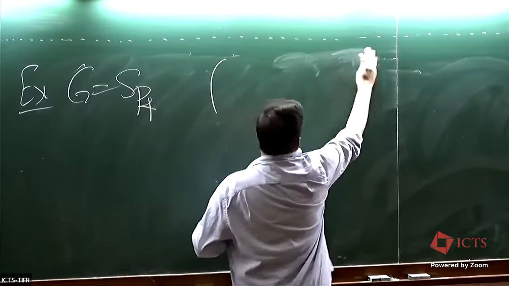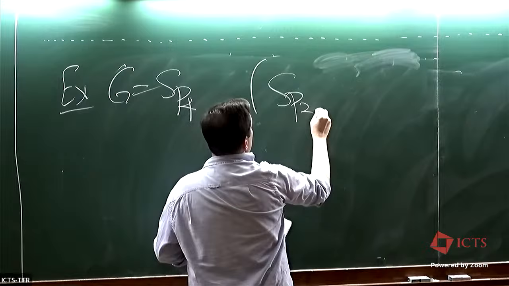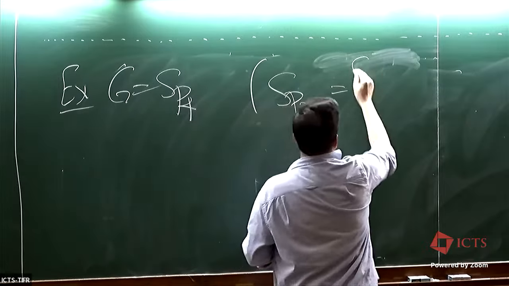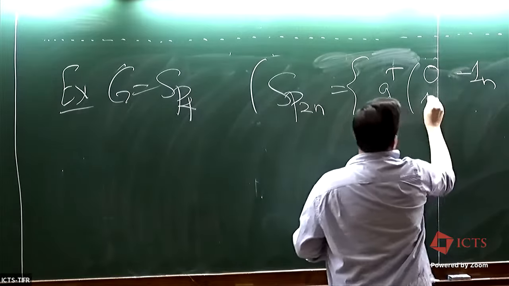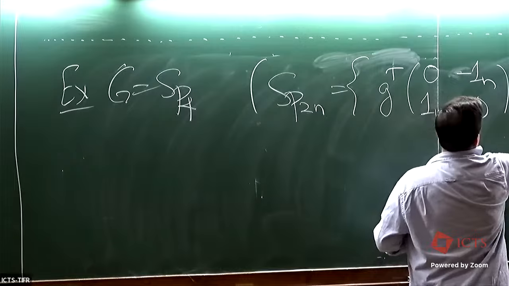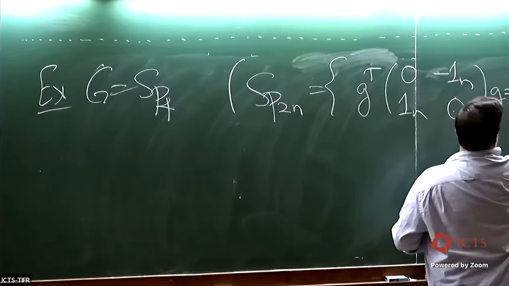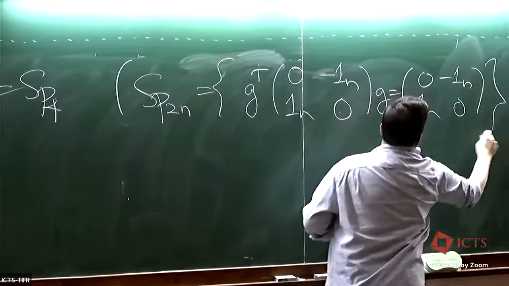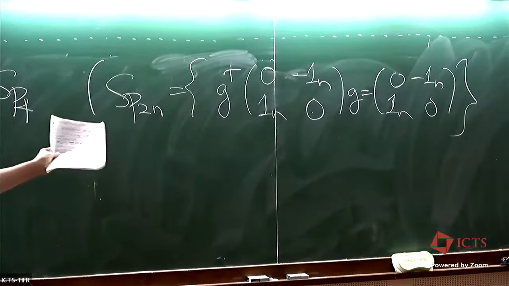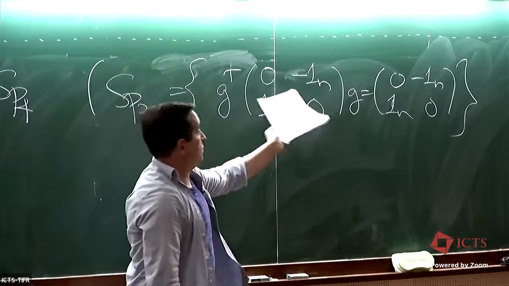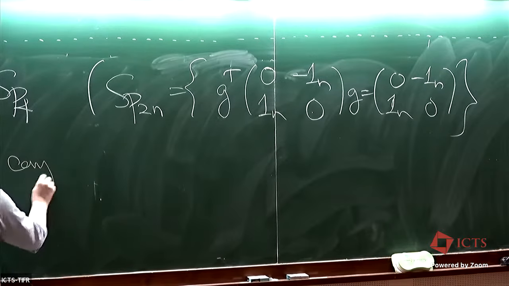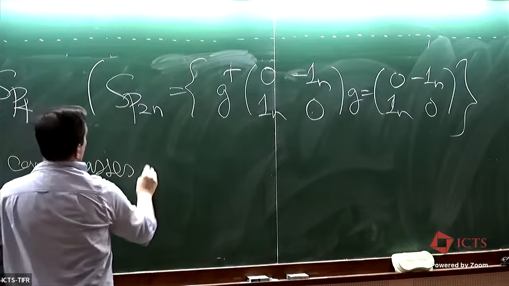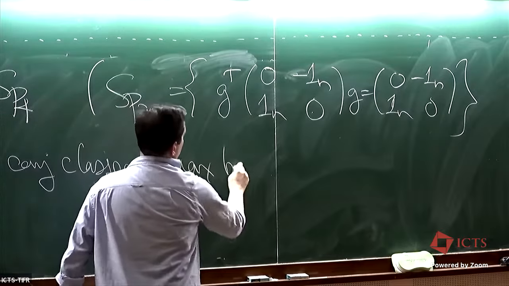For my calculations, my symplectic group SP2N is going to be given by the condition where my symplectic form will look kind of like that. Okay, so that's going to be my symplectic group: 2n by 2n matrices g that satisfy this preservation condition on the symplectic form. So this turns out to have 3 conjugacy classes of maximal bounded subgroups.